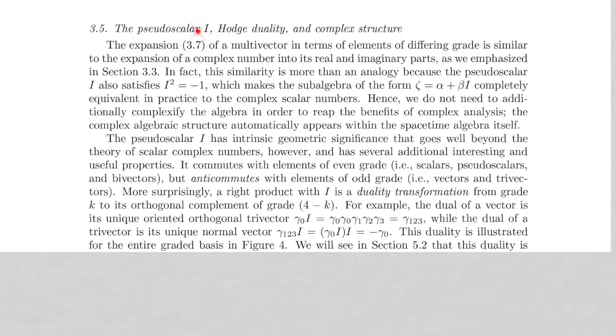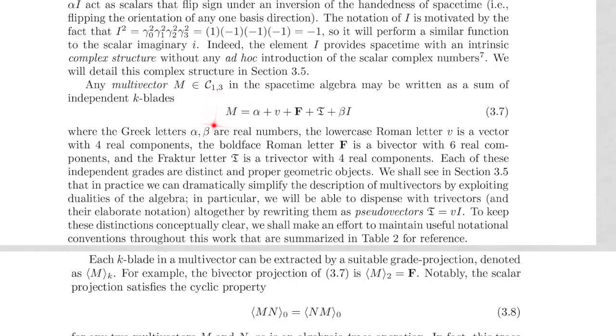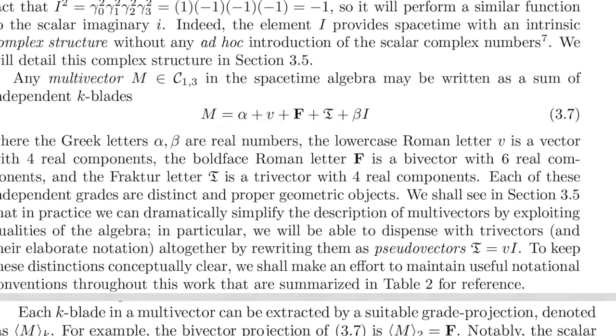The expansion, equation 3.7, of a multivector in terms of elements of differing grade is similar to the expansion of a complex number into its real and imaginary parts, as we emphasized in section 3.3. So as a reminder, this is the expansion 3.7. A multivector has a scalar part, a vector part, a bivector part, a trivector part, and a pseudoscalar part.